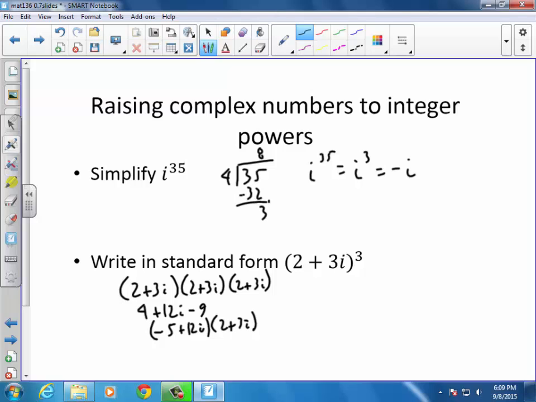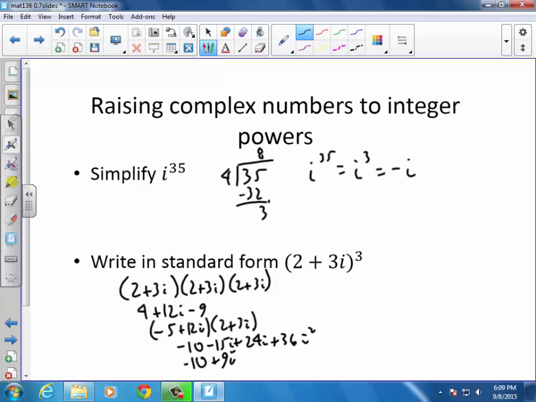So if we do this, you'd have negative 5 times 2 is negative 10. You'd have minus 15i plus 24i plus 36i squared. Let's see, 24 minus 15 is 9, so plus 9i.